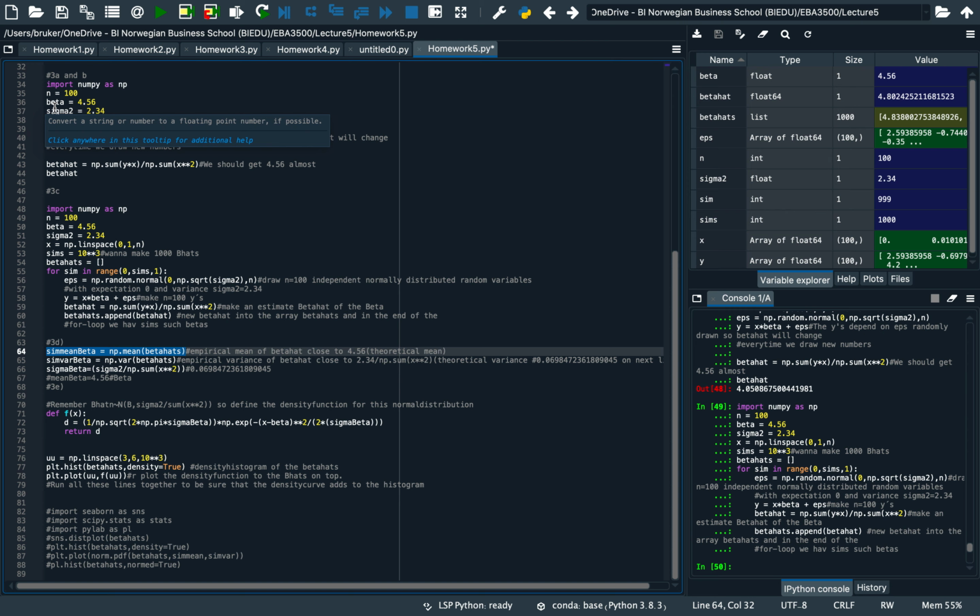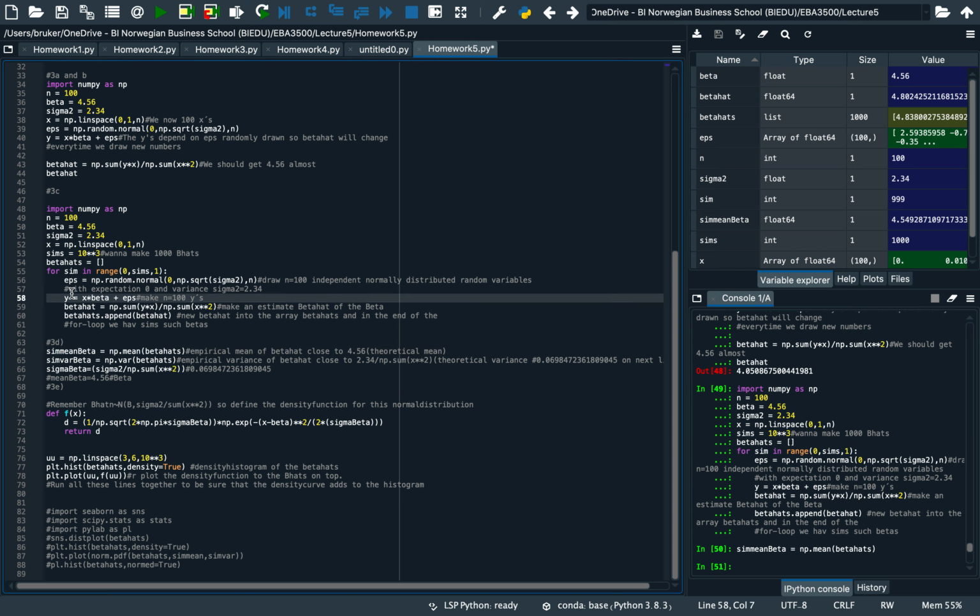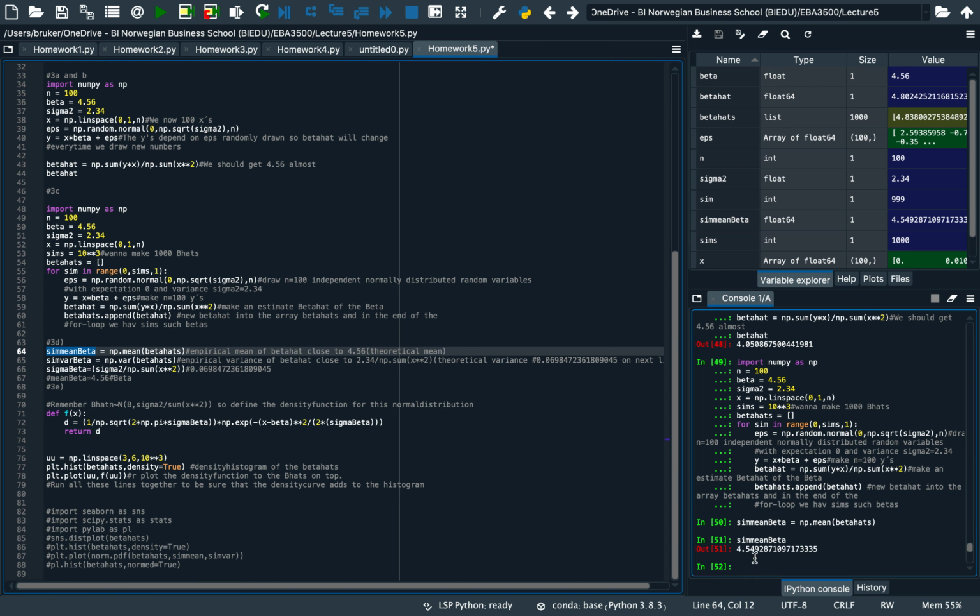Actually in 2E, F. And let's find out what it is, and then we can run this, and we see I got 4.549. That's very close to 4.56.